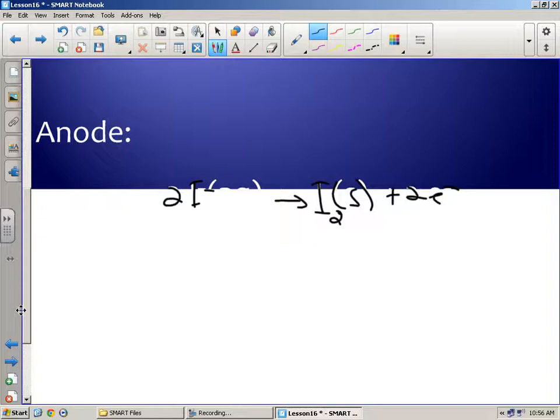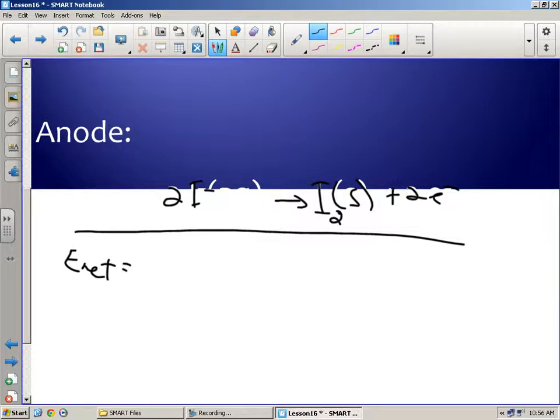And when you add all that stuff up as your net cell reaction or your redox reaction, you could say, what's my net cell potential? Well, you would say, of course, the cathode minus the anode. The cathode happens to be, in this case, water: negative 0.83 volts, minus the iodide one, 0.54, right?